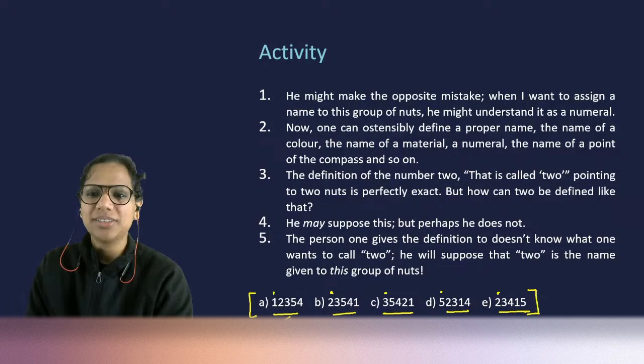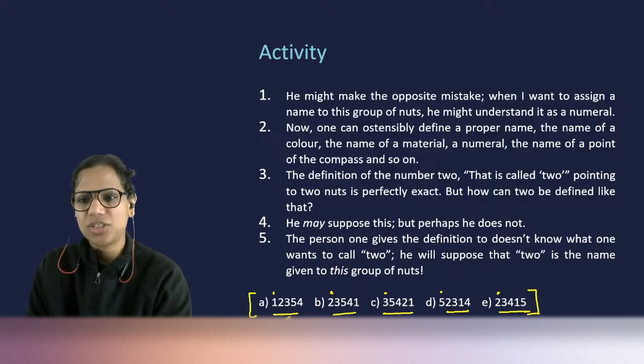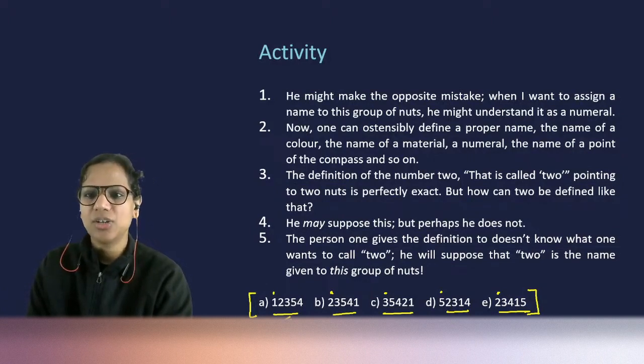Saloni, what do you say? Prateek, Abhishek. Okay, Yash says B, Abhishek says C. All right.